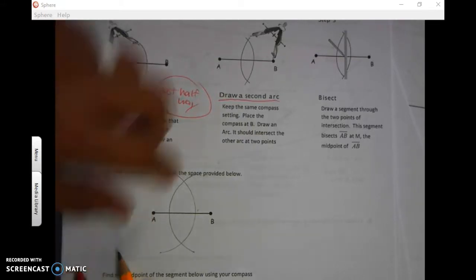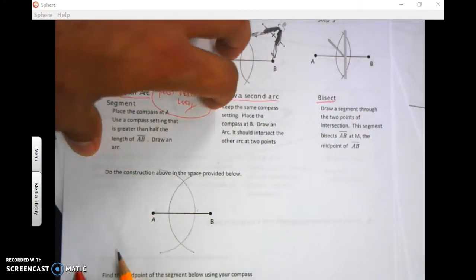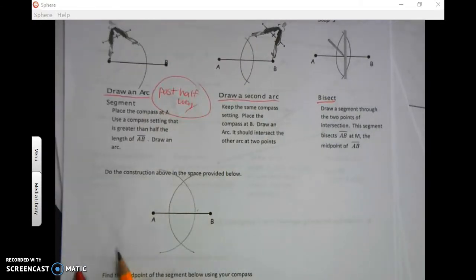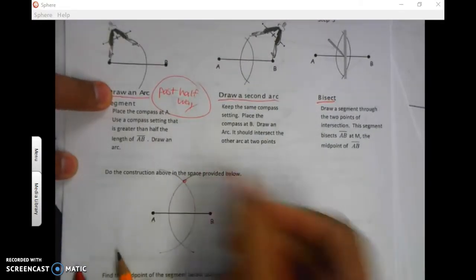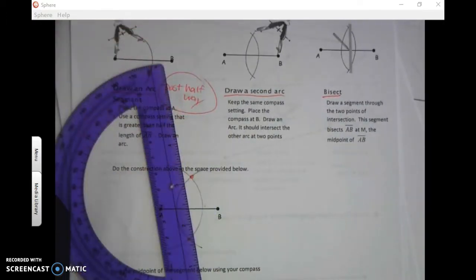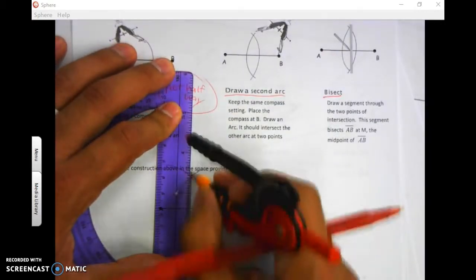So, the third step says to bisect, and this part's not too hard. All you're going to do is, does everyone see this intersection right here and the intersection right here? Take your straight edge and connect them with a segment.